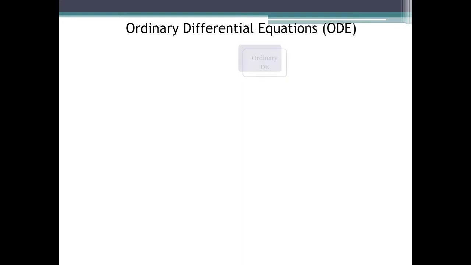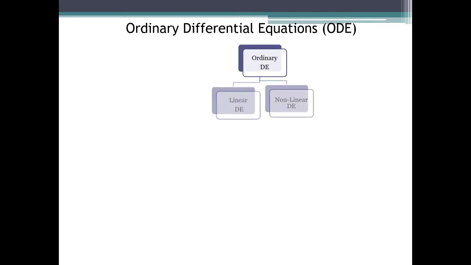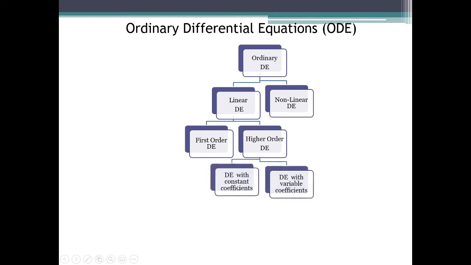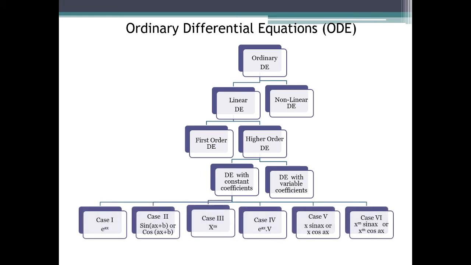Ordinary differential equations are mainly divided into two parts, linear and non-linear differential equations. Linear differential equations are again divided into two parts, first order and higher order. Higher order is divided into two parts, with constant coefficient and with variable coefficient. The differential equation with constant coefficient is solved by six different methods, six cases.